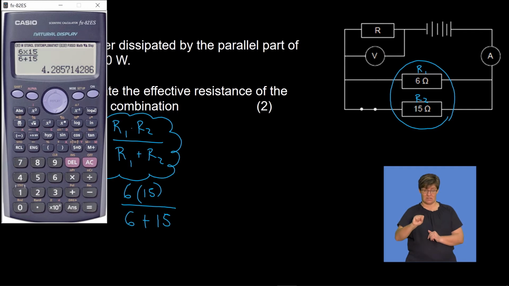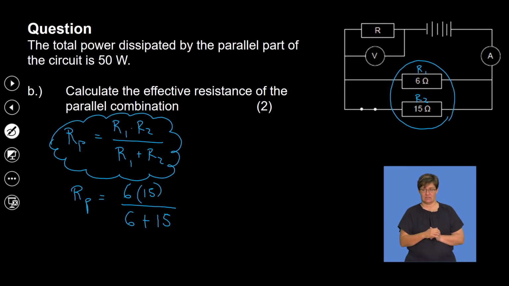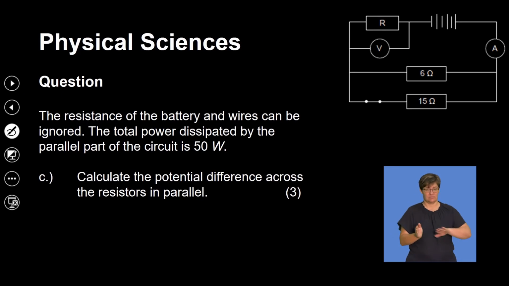And 4,29 ohms is less than 6 ohms, which says our answer is correct. That's one way of verifying. So RP is equal to 4,29 ohms.